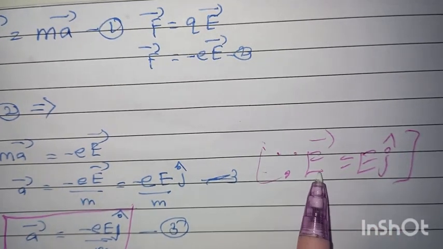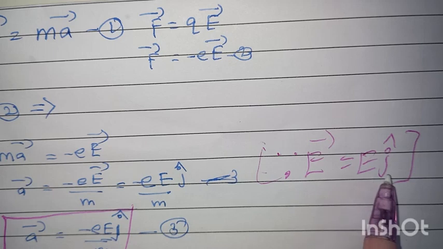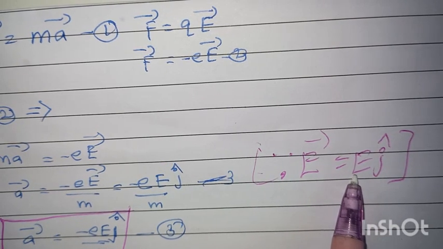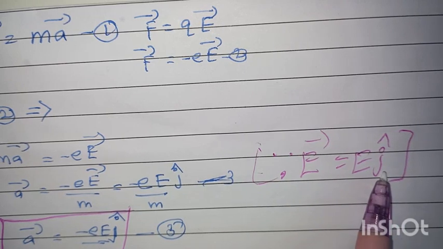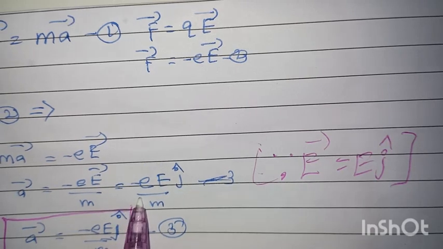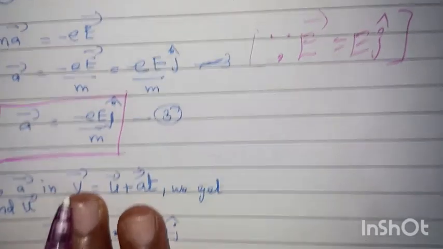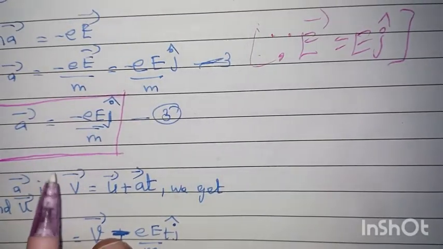Because the direction of the electric field is along the y-axis, E vector can be written as the magnitude of E into j cap. So therefore the expression for a becomes minus eE j cap divided by m. So this is the expression for a.